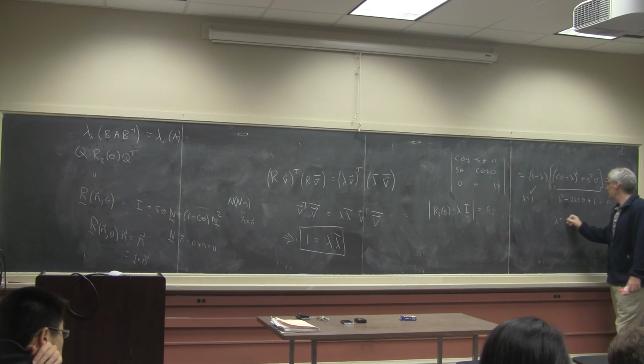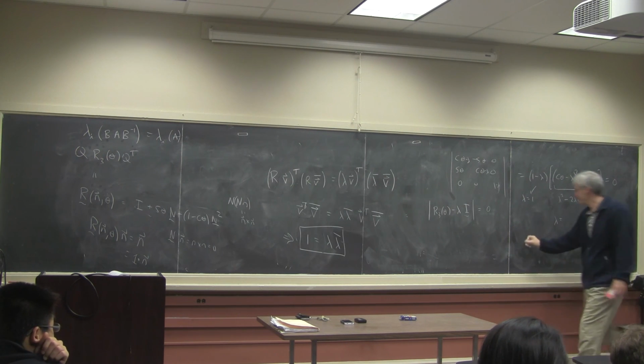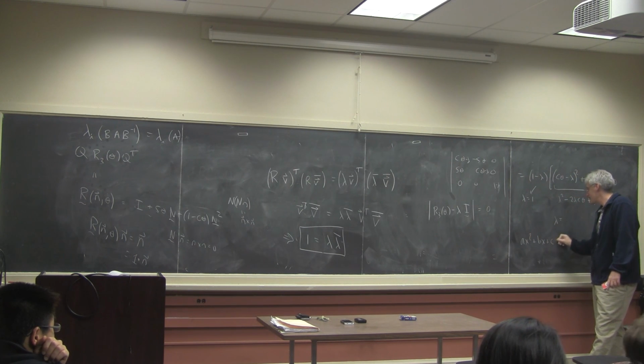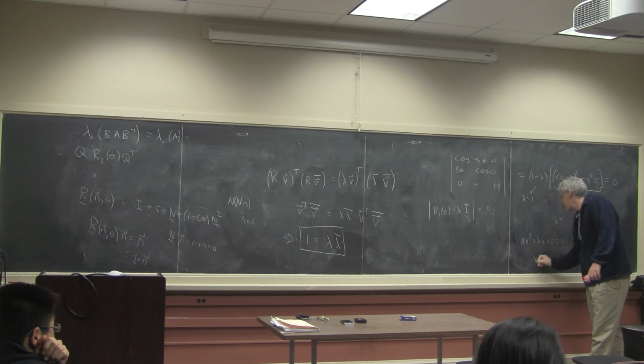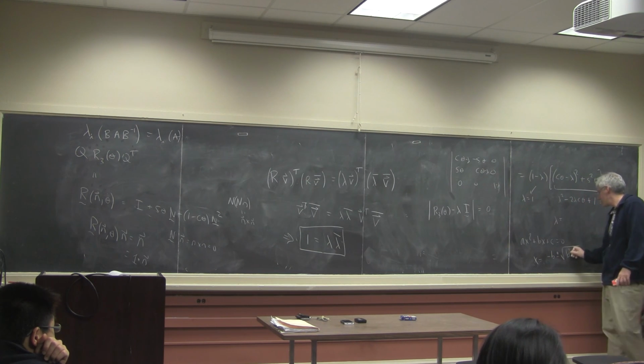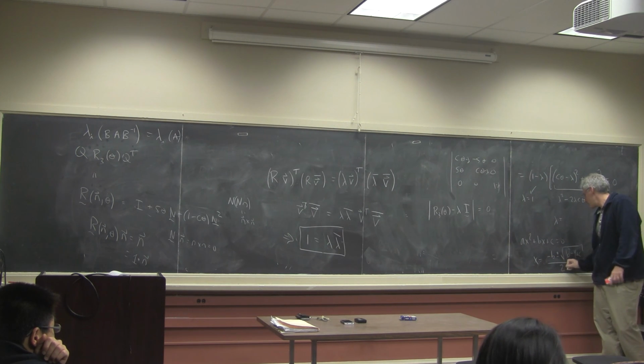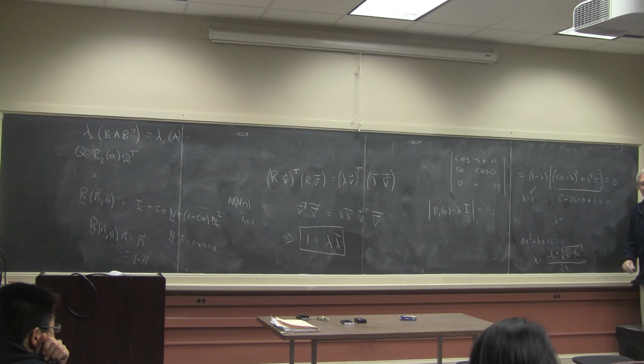So lambda is equal to, what's the quadratic formula? Let's see. Ax squared plus bx plus c equals 0, so x is equal to negative b plus or minus the square root of b squared minus 4ac, all over 2a.